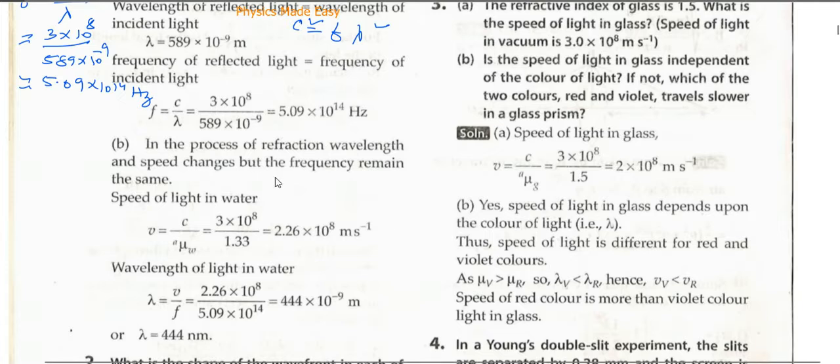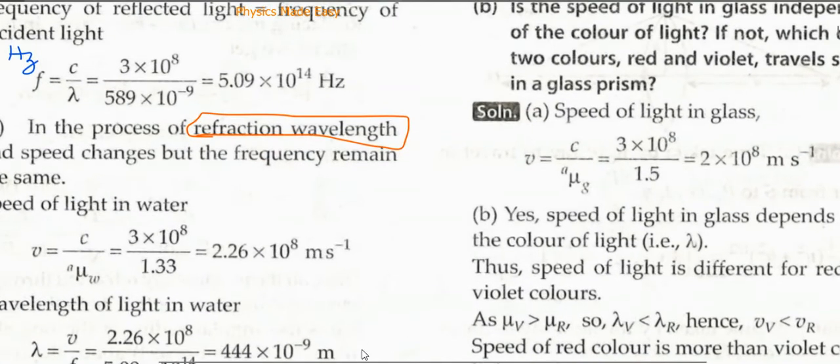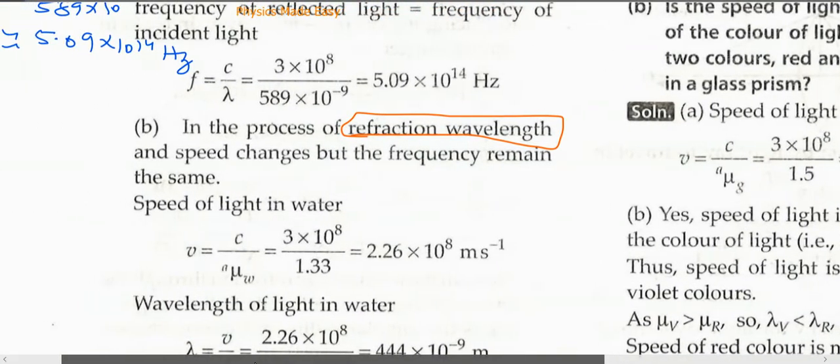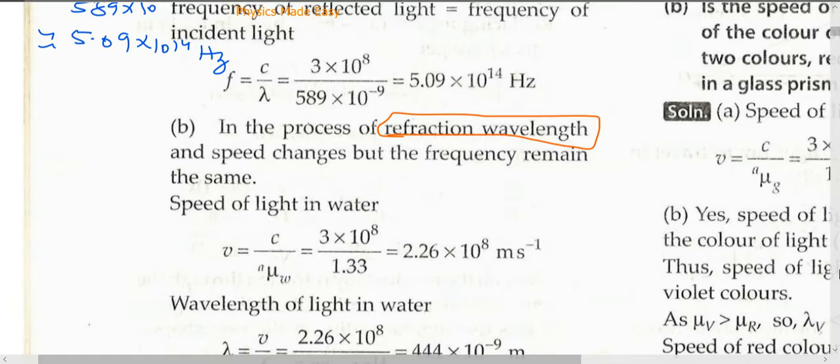Now here lies the difference. In the process of refraction, what remains constant is frequency. All of us know that f remains constant.